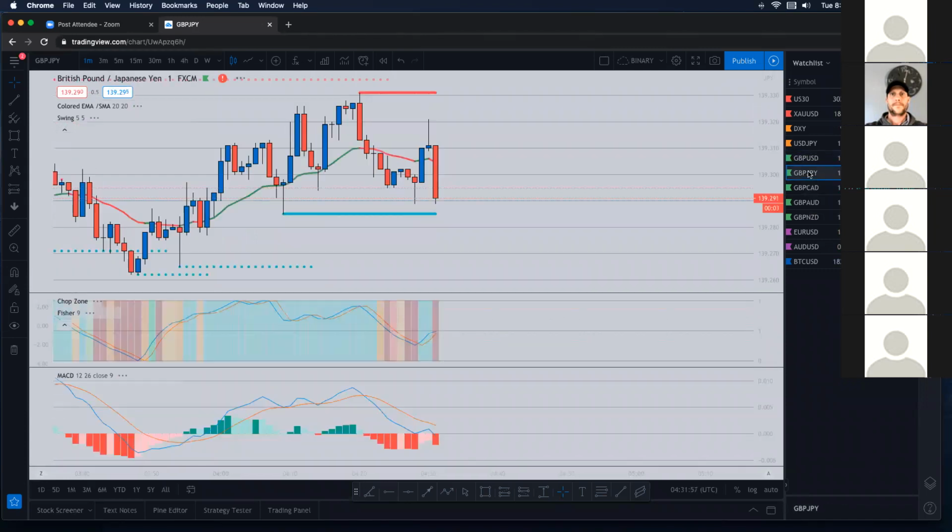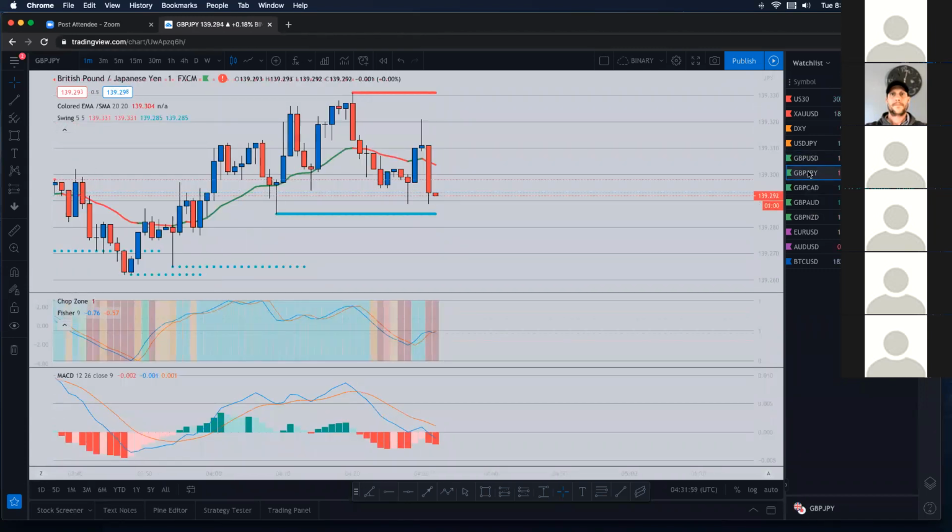GU or GJ? GJ. GJ's like melting. It's going back and forth. Yeah, this is where you stay the hell out. This is where you wait. Holy shit. Wow. Shift's on fire lately.